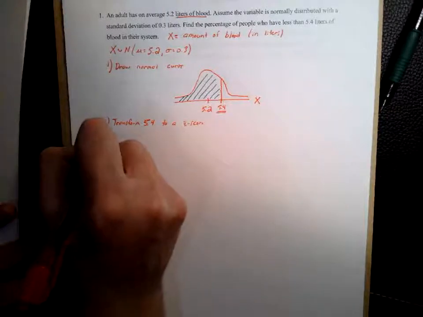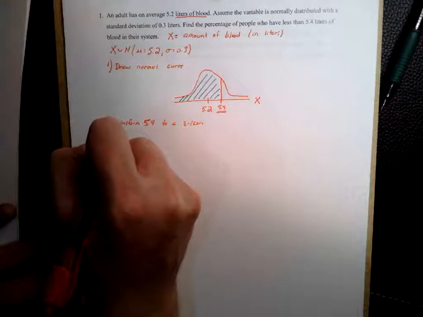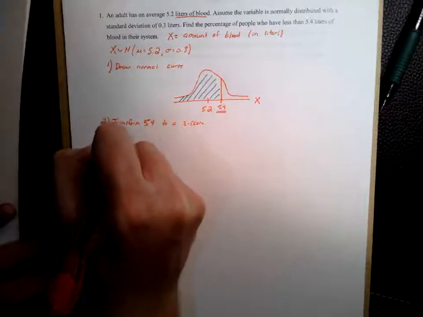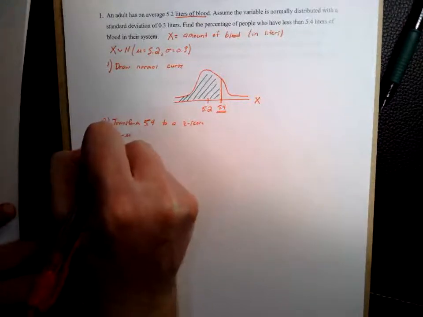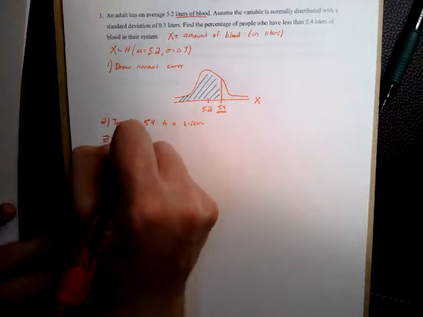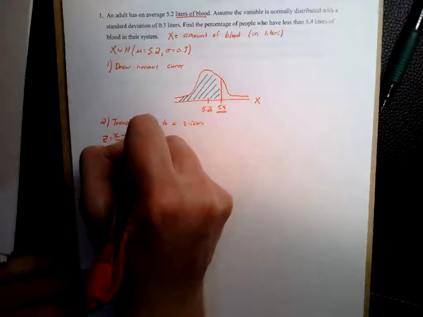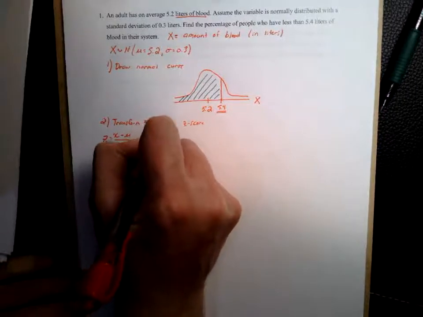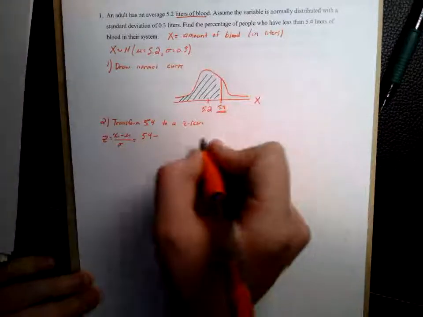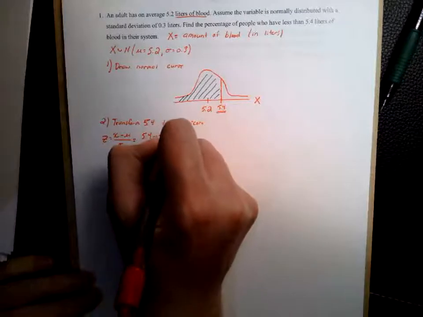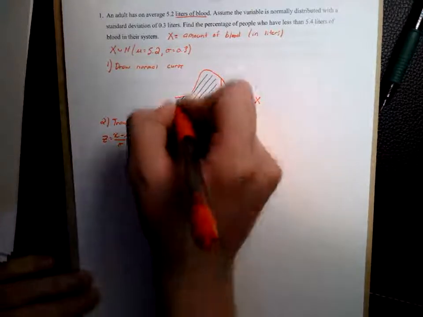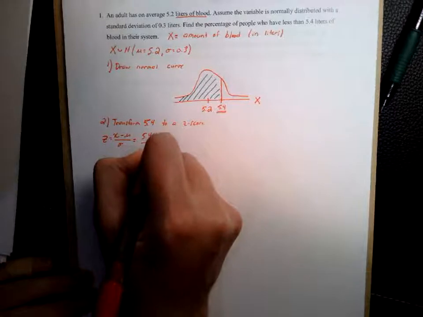And we know that z is equal to the data value we're interested in minus the mean over the standard deviation. In this case, the data value we're looking at is 5.4. The mean is given, 5.2. And we're given the standard deviation as well, is 0.3.